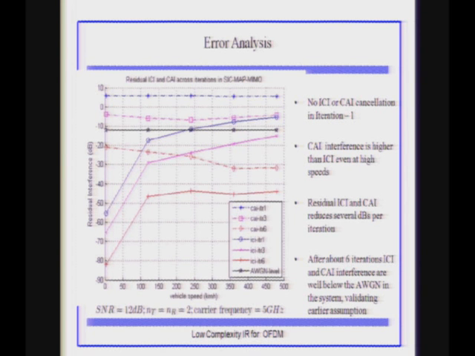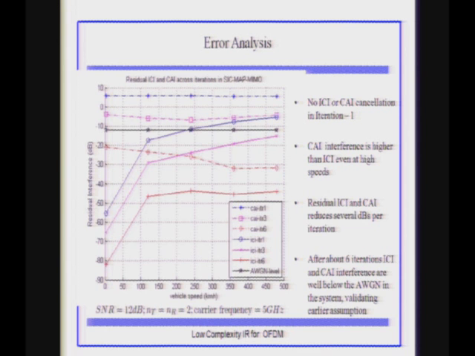So we have an AWGN of minus 12 dB compared to the signal, 12 dB SNR. At this level, in the first iteration, you see the gamma is much higher compared to the AWGN in the system, around 10, almost 20 dB higher. That is the story of the first iteration.